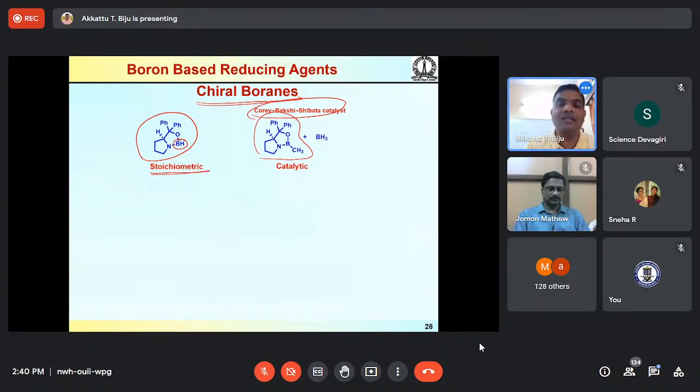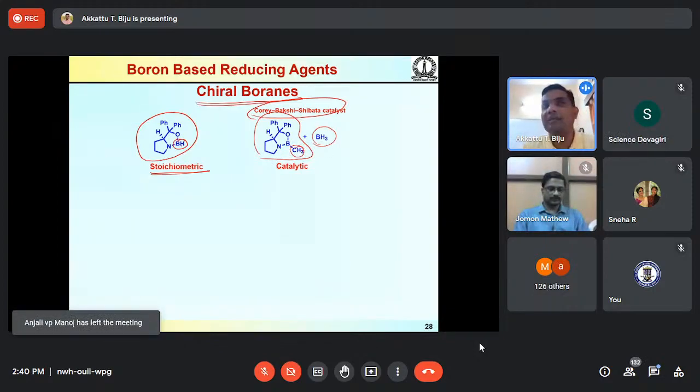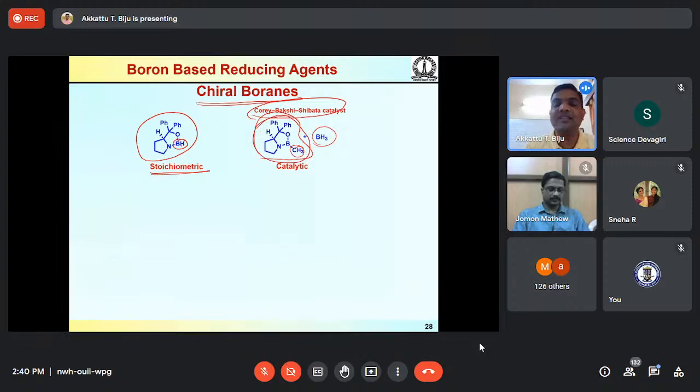On the other hand, if we protect that BH with a simple methyl group, along with an additional supply of a borane, diborane or any other borane source, this oxazaborolidine can act as a catalyst in various reduction reactions. So that is one of the important applications of the CBS catalyst.